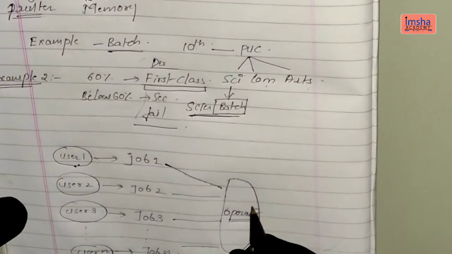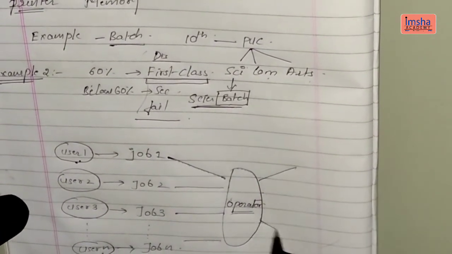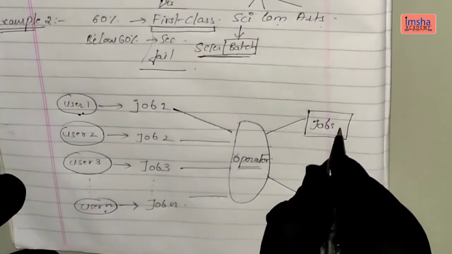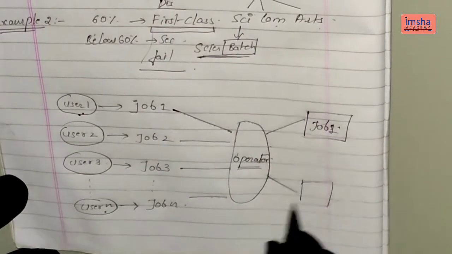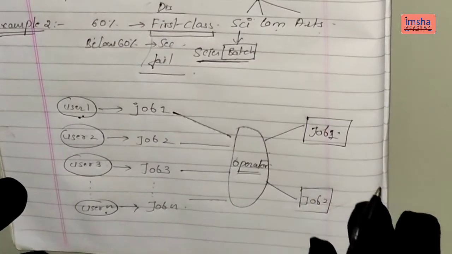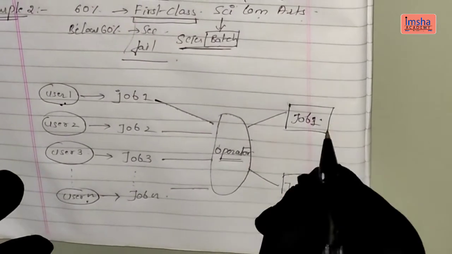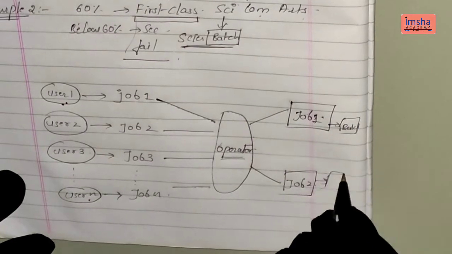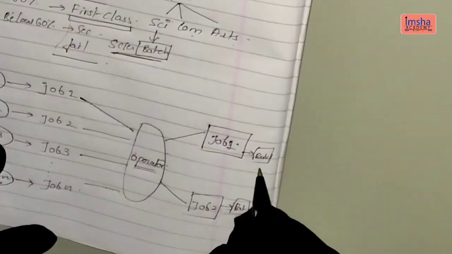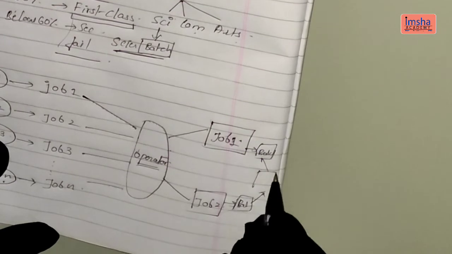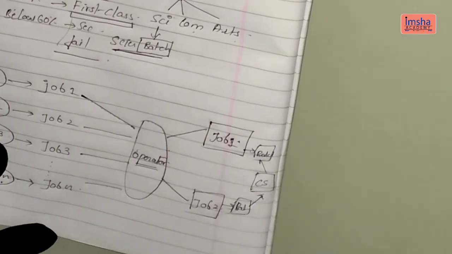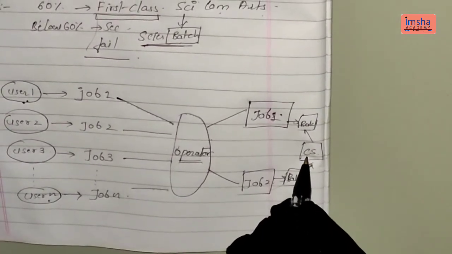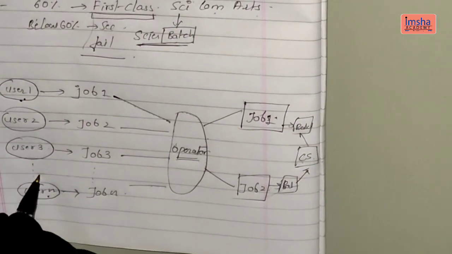The operator will group jobs with similar needs, job 1 and job 2, and these jobs form a batch. This batch will be submitted to the computer system, and the CPU will process these jobs and give the result back to the user.